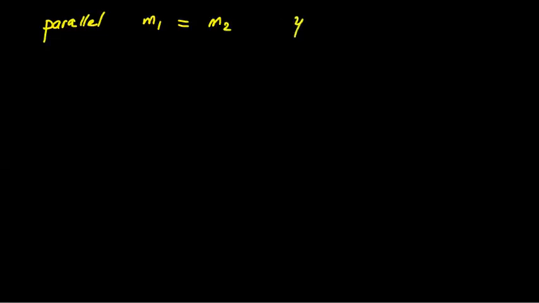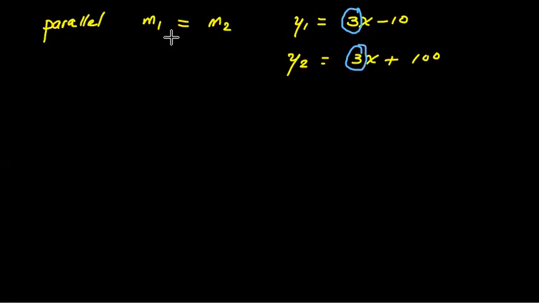So if I have y1 is equal to 3x minus 10, and y2 is equal to 3x plus 100, I can tell you by looking at their m's. This is m for the first line, and this is m for the second line. They're both 3. So m1 is equal to m2, hence these lines are parallel.